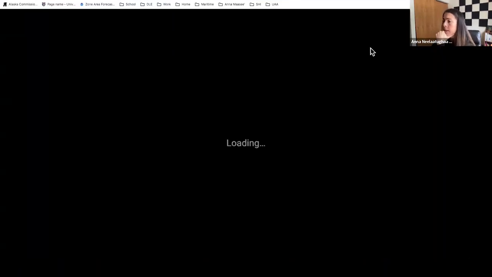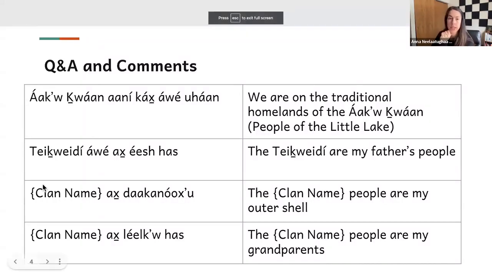Let's practice these. And you'd try to do clans that are, like I said, opposite moiety of your clan. Like if you're from a Raven clan, but your father's people are the Tekoidi, and then you go to a place where Tekoidi are from, like Angoon or Yakutat, and you're participating in a potlatch or a koo.eex' or canoe journey or a formal gathering, then this might be a way you would acknowledge your father's people and your opposite.